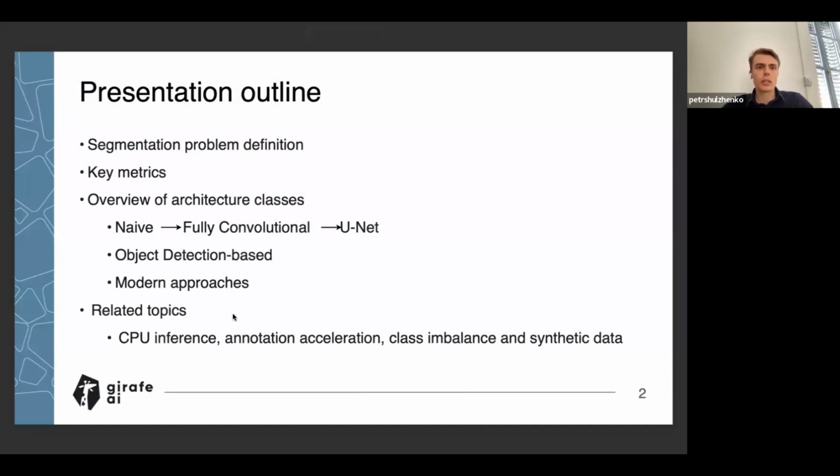So, as I said, today's outline would be as follows. First of all, we'll define the segmentation problem, talk a bit about key metrics, and after that, we'll proceed to the overview of main architecture classes, because actually there are thousands of architectures of this classical computer vision problem that is widely used in practice.